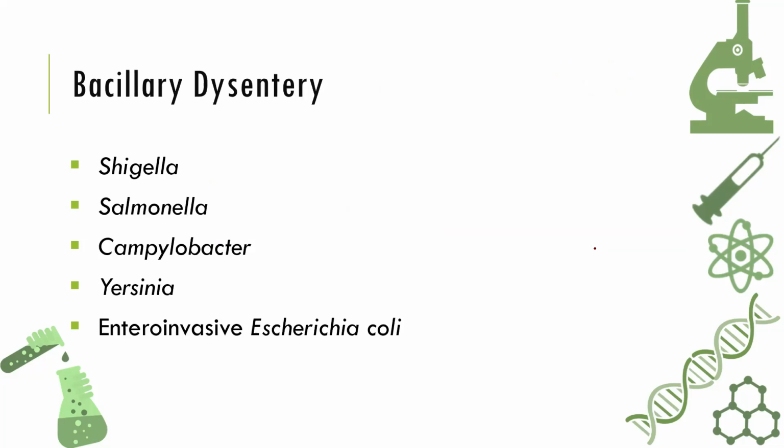I would have said amoebic dysentery is different from bacillary dysentery. Bacillary dysentery is caused by bacilli, bacteria. And what are those bacteria? Shigella, Salmonella, Campylobacter, Yersinia, and enteroinvasive Escherichia coli.